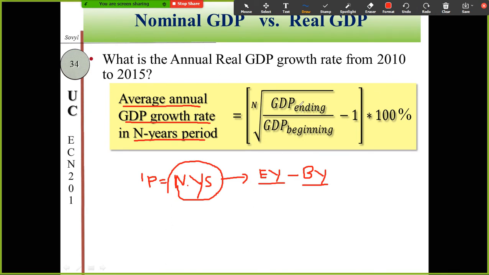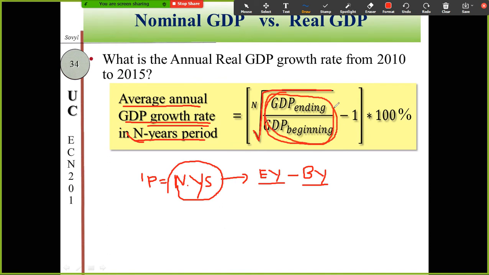Remember that I just explained to you earlier how to find growth rate: ending divided by beginning, minus 1. In that one we take only the first root, but if you have many years like this one, we need to take the nth root of the division here.